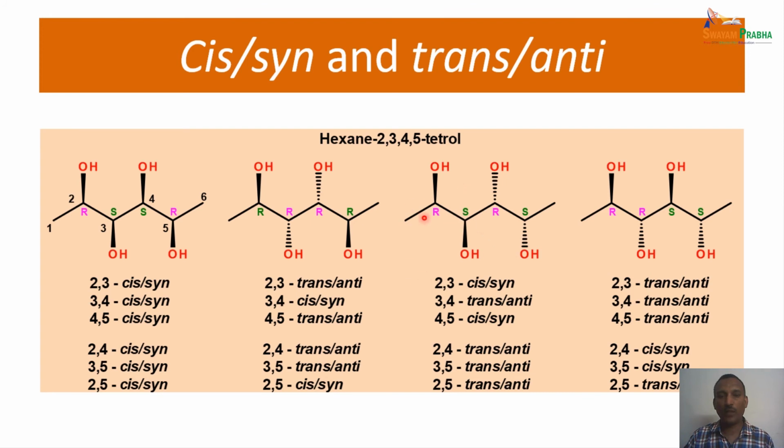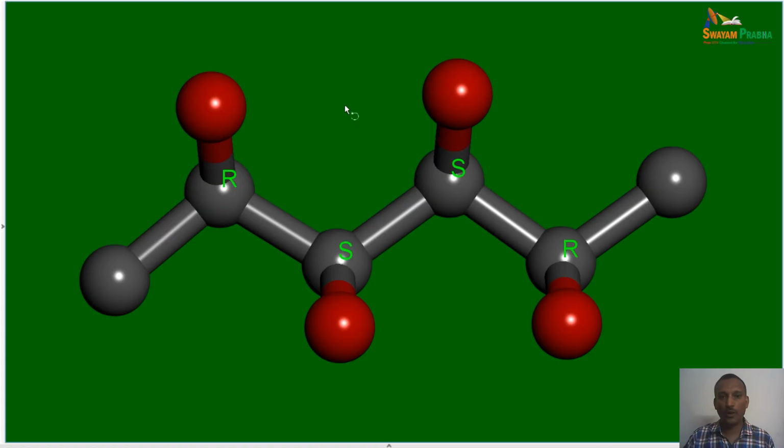Let us look at these types of arrangements in 3 dimensions to understand what we are talking about in the 3-dimensional way. The tetrahydroxy substituted compound is shown here. The first carbon has the R configuration, and we already know how to assign the R/S configuration.